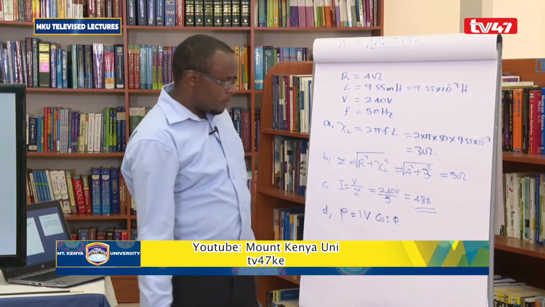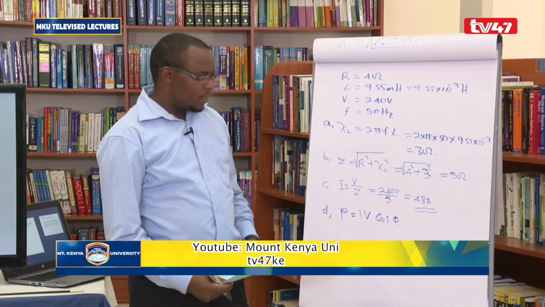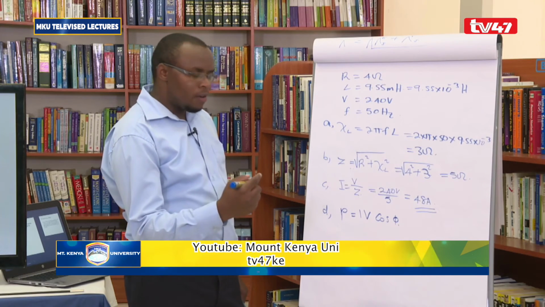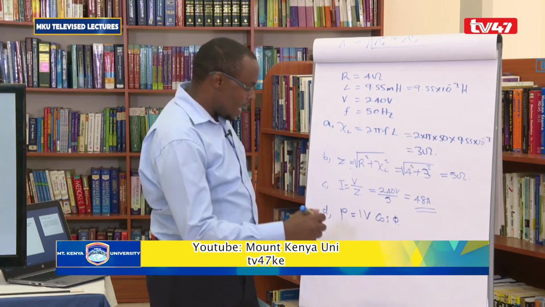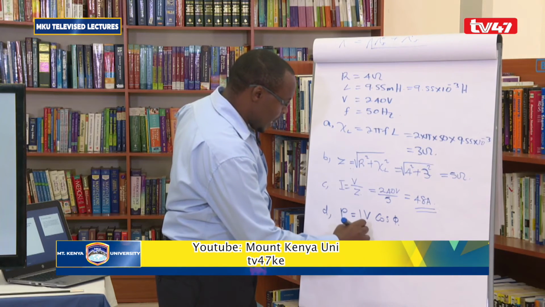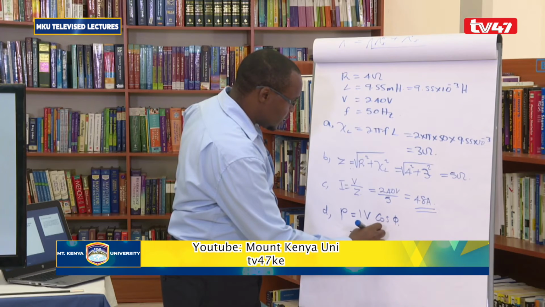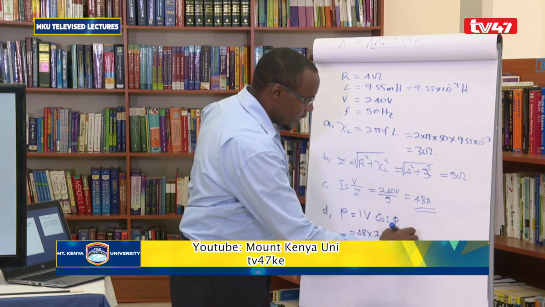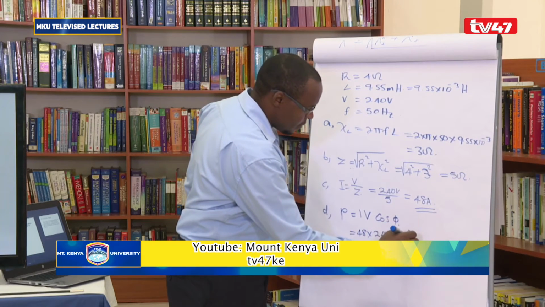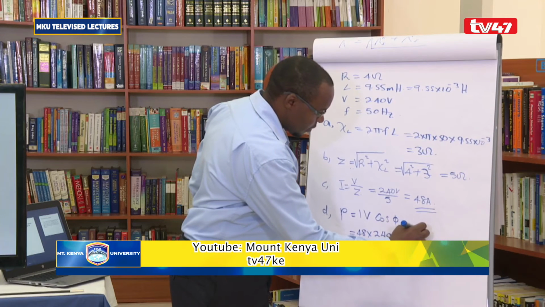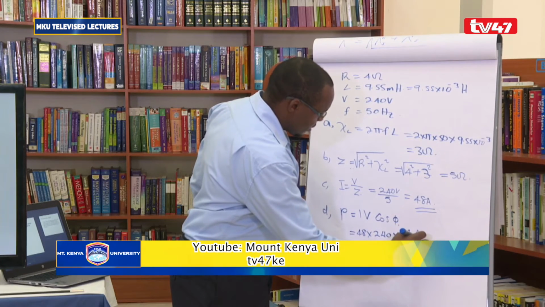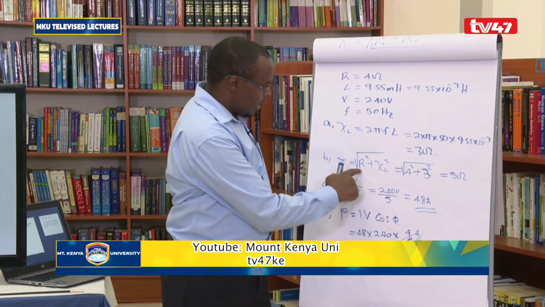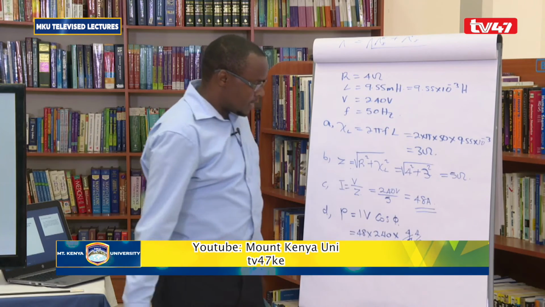We don't have the cos phi, but it's very easy to calculate because cos phi is given by R over Z. Therefore in our formula we put current 48 times 240 times cos phi, which is 4 over 5, because our R is 4 and our Z is 5.